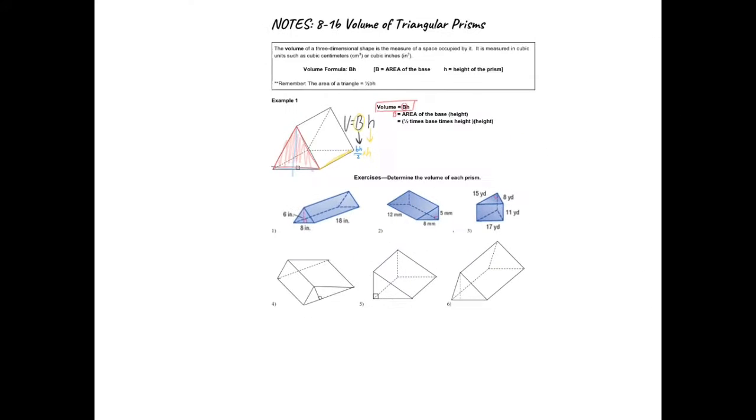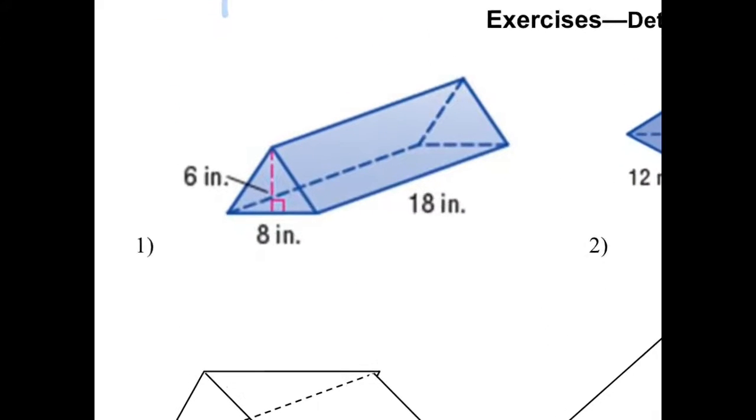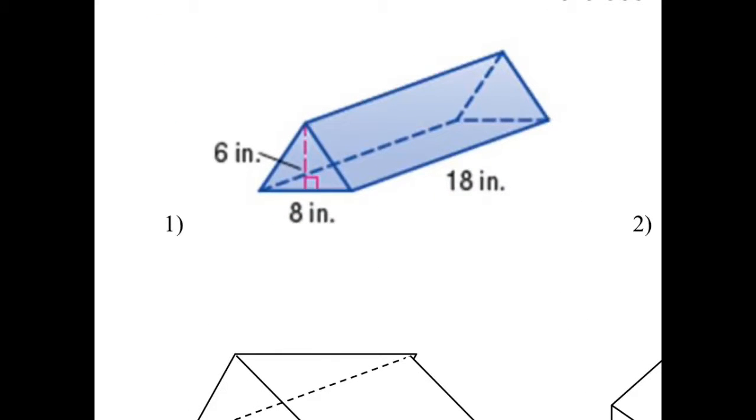So we're going to move on to some of the exercises. Take a look at exercise number 1. Again, we are going to be using volume equals big B times H. For big B, our formula is going to be base times height divided by 2, because that's how we find the area of this triangle right here. And then it's going to be times the height of our figure.